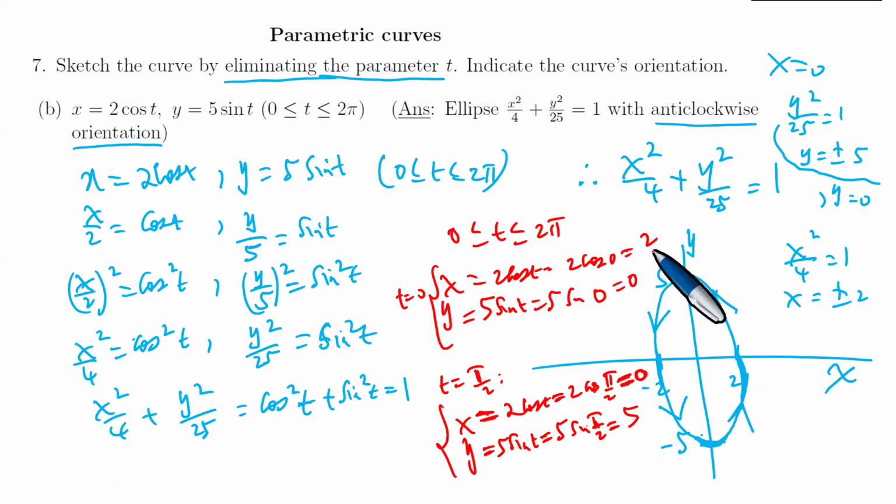X becomes 2 and y is 0. This is the point: x is 2, y is 0. And then when t is pi over 2, t is sort of the angle, the angle now becomes pi over 2, and x becomes 0 and y becomes 5.